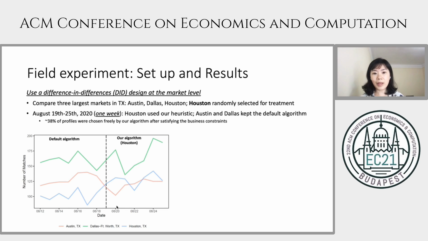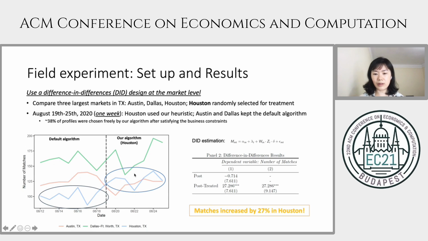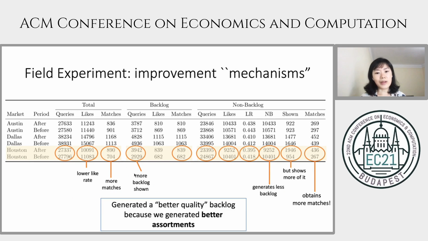We run our experiment for 1 week, and we see a significant increase in the total number of matches in Houston relative to Austin and Dallas. With our difference-in-differences estimation, we show that the number of matches increased by 27% on average in Houston. We also have some evidence that the mechanism of our improvement is precisely that we generated better assortments.